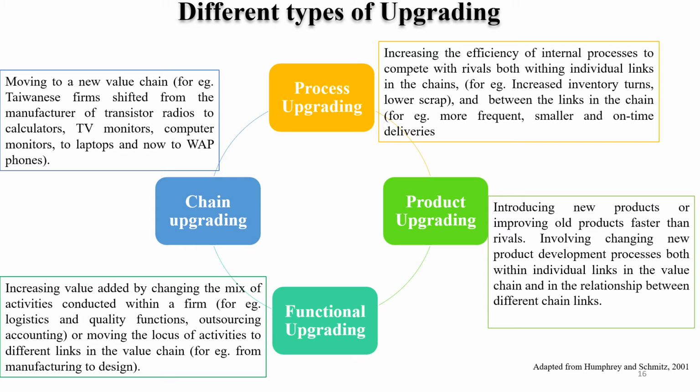There could be functional upgrading as well, in which the firm can upgrade some of the functions like logistics or accounting, and it can outsource these functions to other firms, so that they can improve and move from one network to an expanding or more complex network.